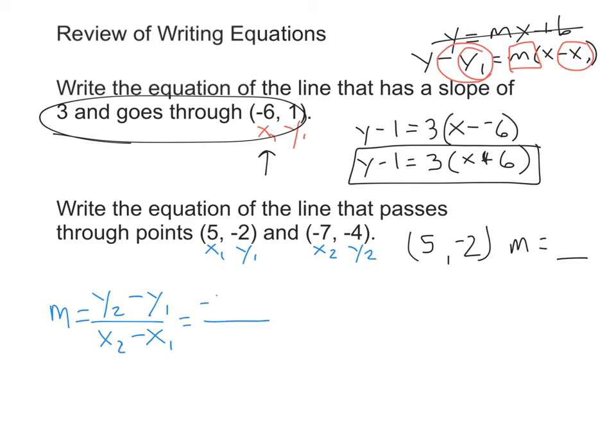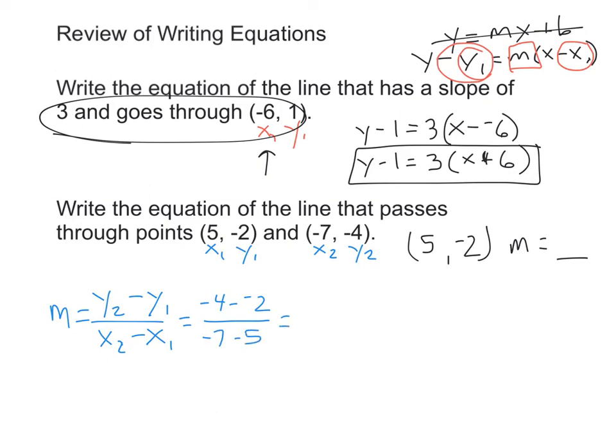So y2 is -4, y1 is -2. Now be careful, we have to write minus, and our y1 value is -2. So be careful: -4 minus -2, and in the bottom x2 is -7 minus our x1 value, which is 5.